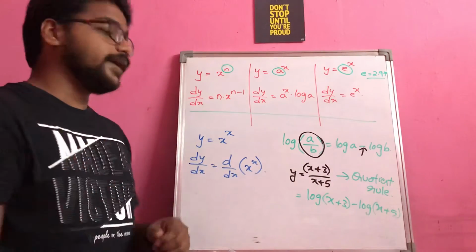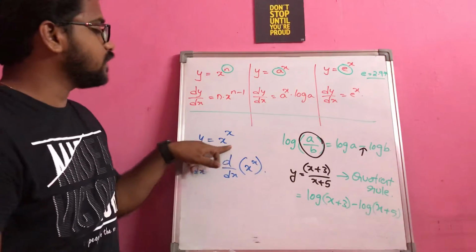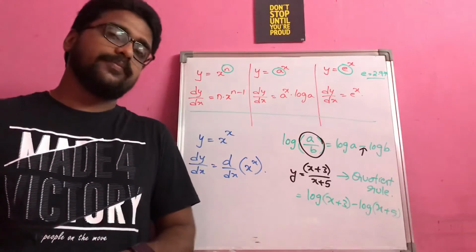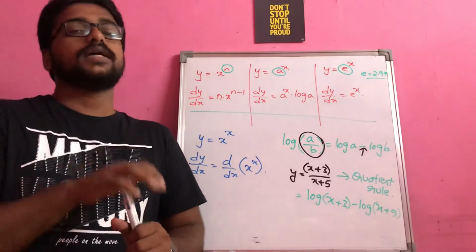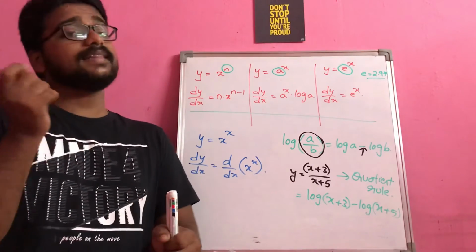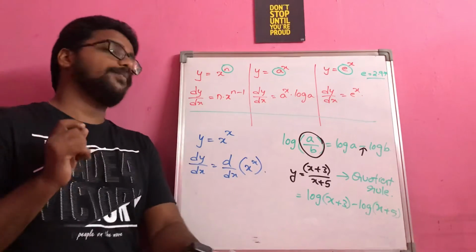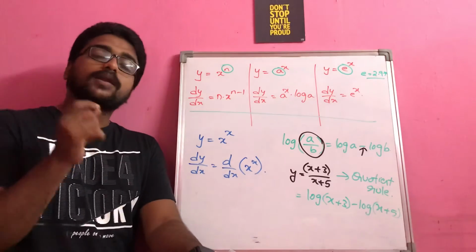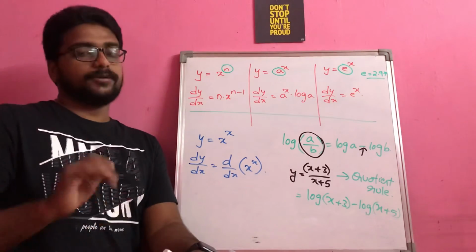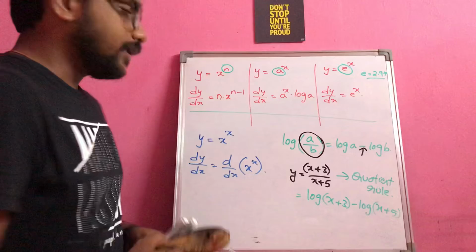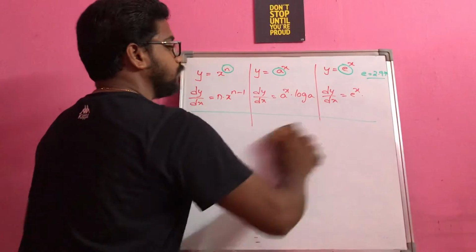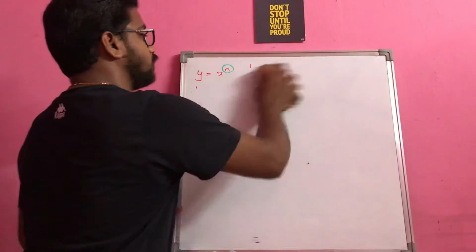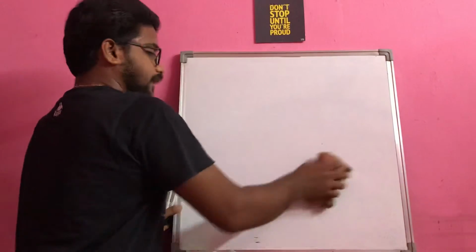But the major application is if the question consists of a function power function model, where the base and even the exponent are both in the form of x. In that case, you have to apply the logarithm so that your calculation becomes simple. Now let us see how we have to apply the logarithm for this type of functions to get the answer for dy by dx.